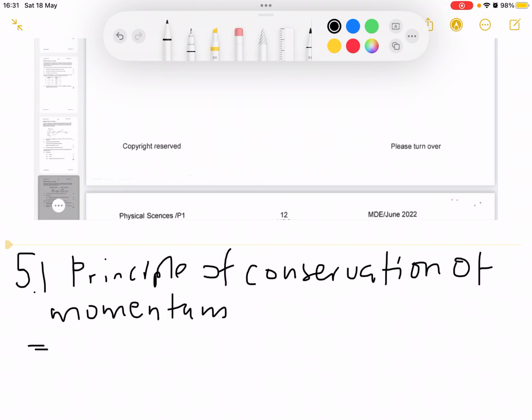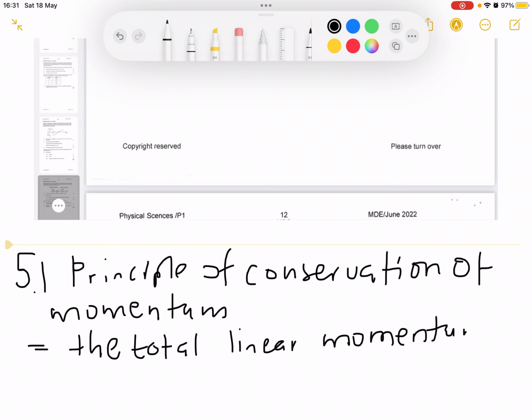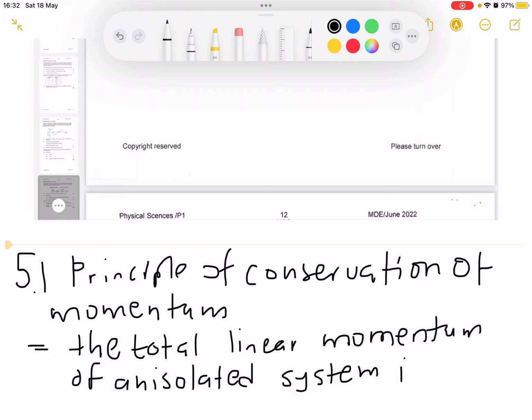Now, the principle of conservation of momentum states that the total linear momentum of an isolated system is conserved.